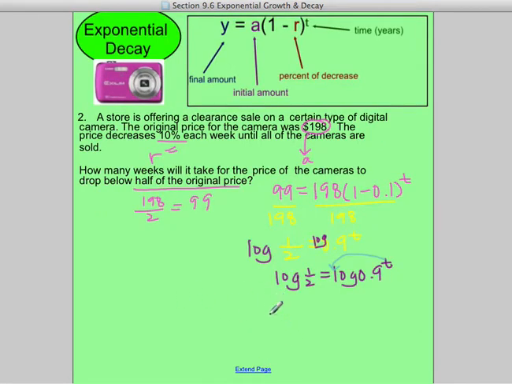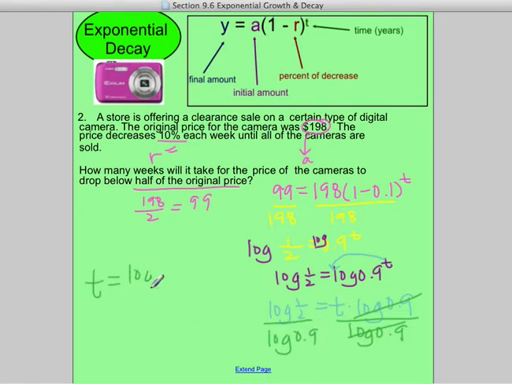Okay, so I have log of 1/2 is equal to t times log of 0.9. And my last step is to get t by itself. So in order to undo multiplication, I do division, log of 0.9. So on my calculator, t is log of 1/2 divided by log of 0.9.